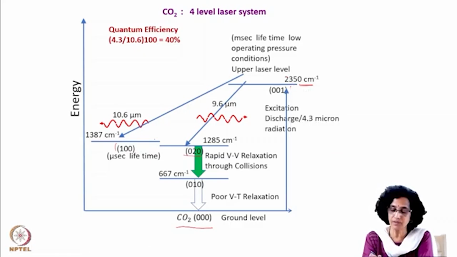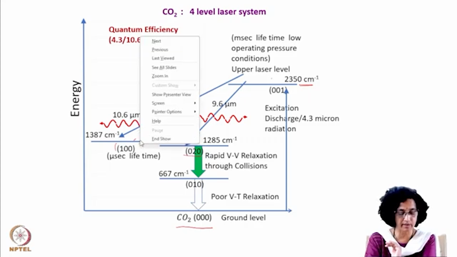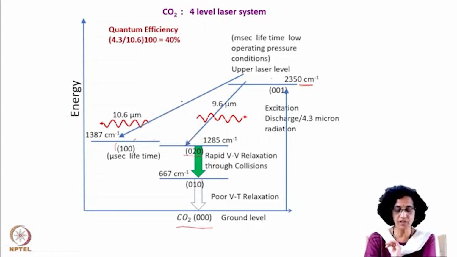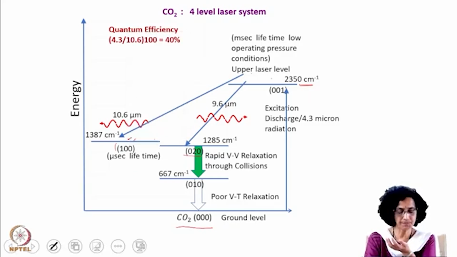When an inversion is created between 001 and 100, because at this point, let us assume that it is not populated, then stimulated emission sets in. The molecules from the upper laser level will come down to the lower laser level through stimulated emission.